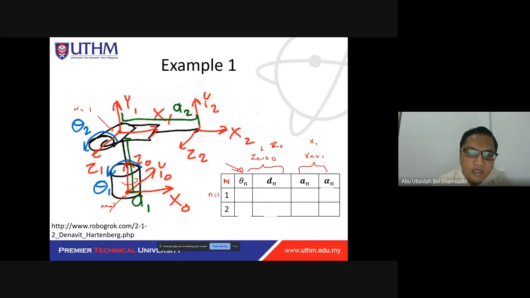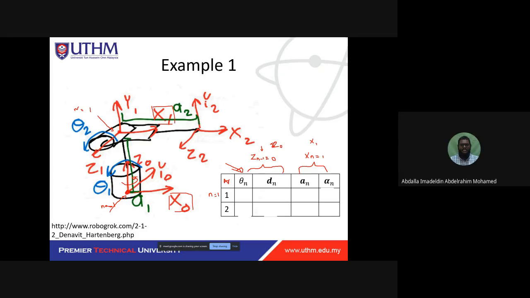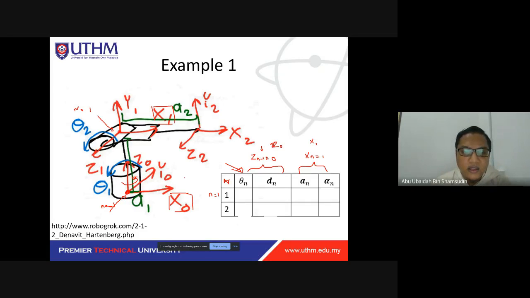You need to rotate until x0 is the same as x1. In this case, it is the same, right? You don't need to rotate.